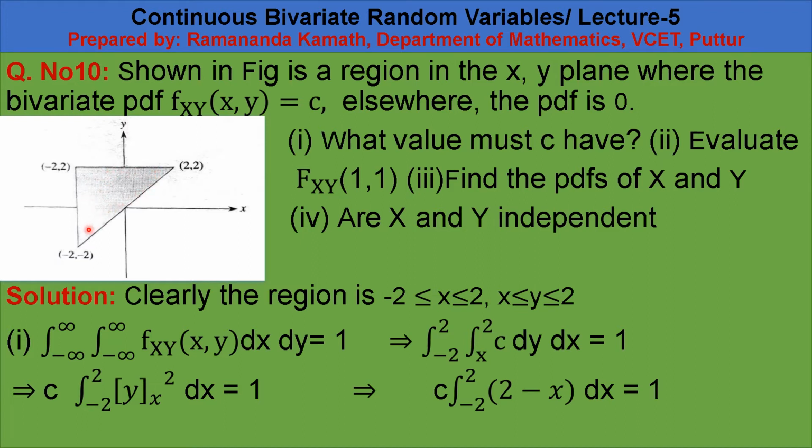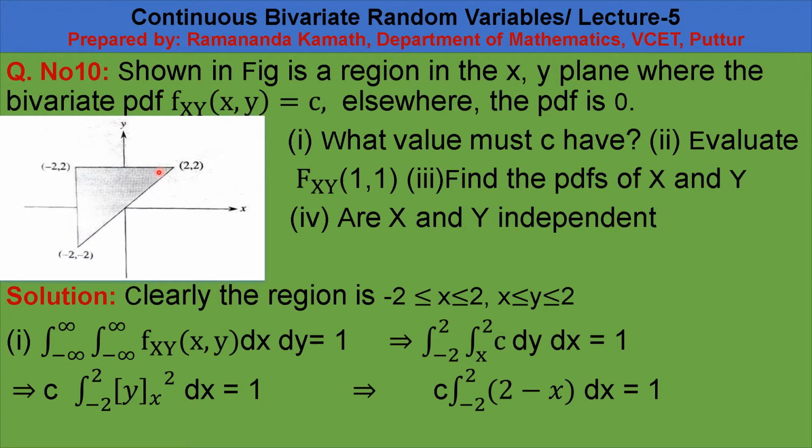If you take x alone, then you need to take x from -2 up to y, up to this boundary which is x equal to y. X starts from -2 up to y. When you take x alone, it is x equal to -2 to y.